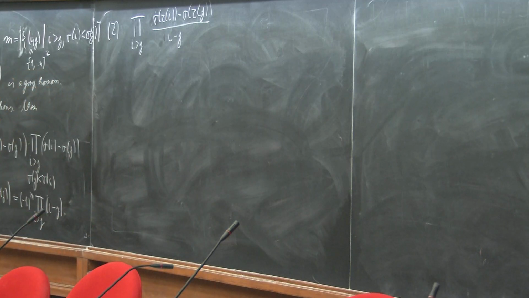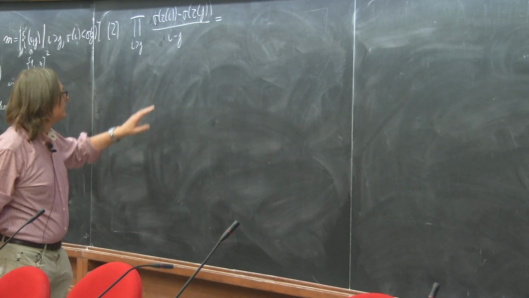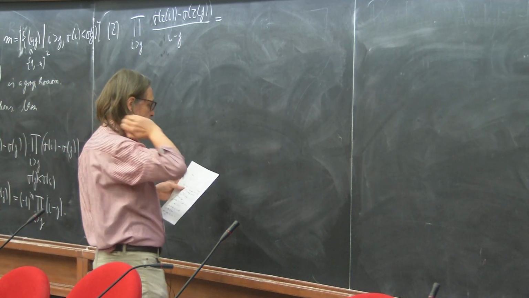And we have to express this in terms of the thing for sigma and tau. The first step, we can multiply by 1 in the usual way, so multiply by something and divide by the same thing.